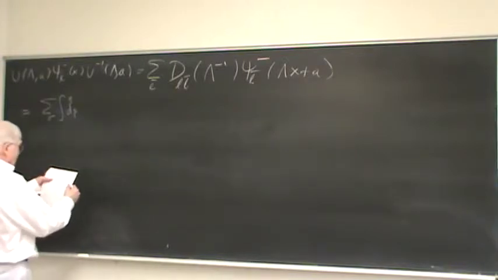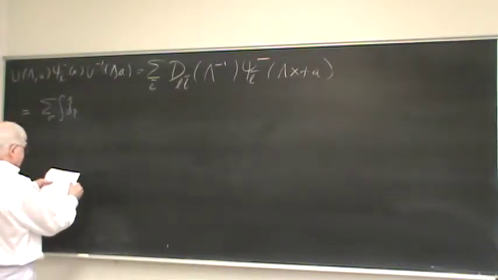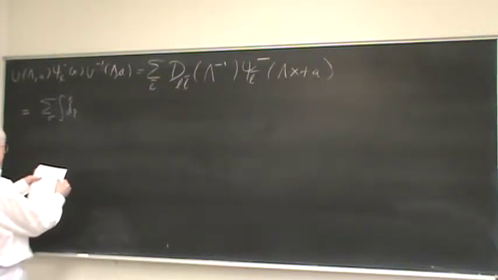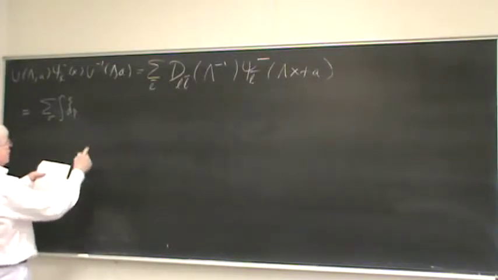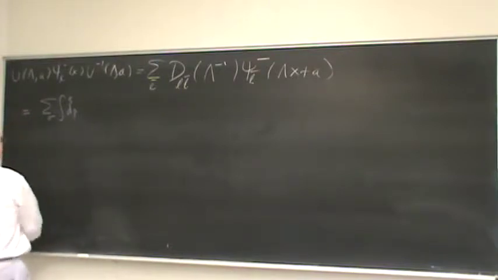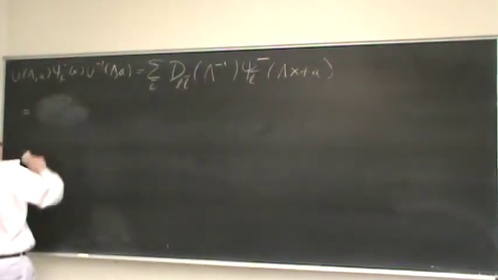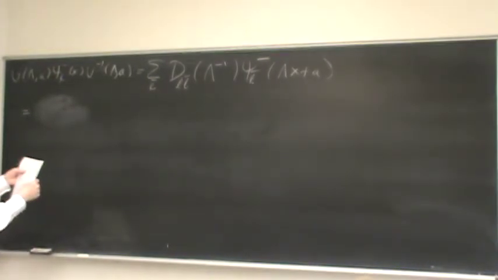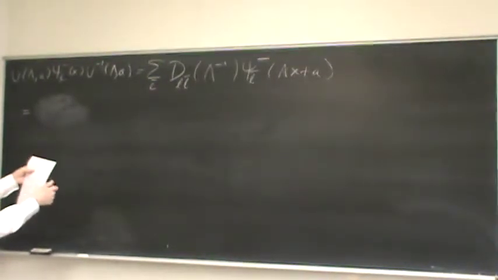So maybe I'll put in an extra step here. We want it to be that, all right, I'm going to add in some equations because it's better to have more than fewer.